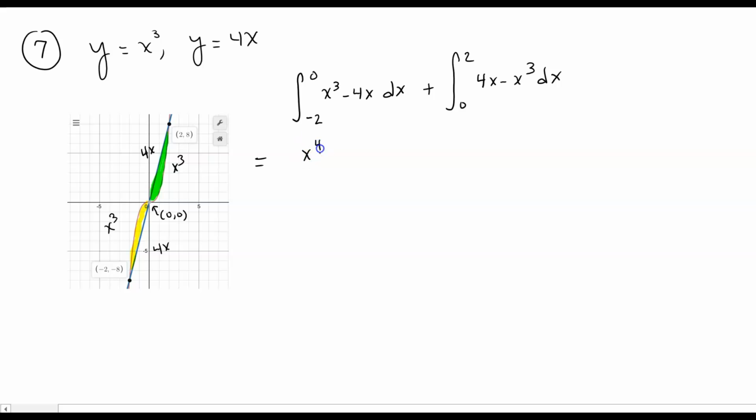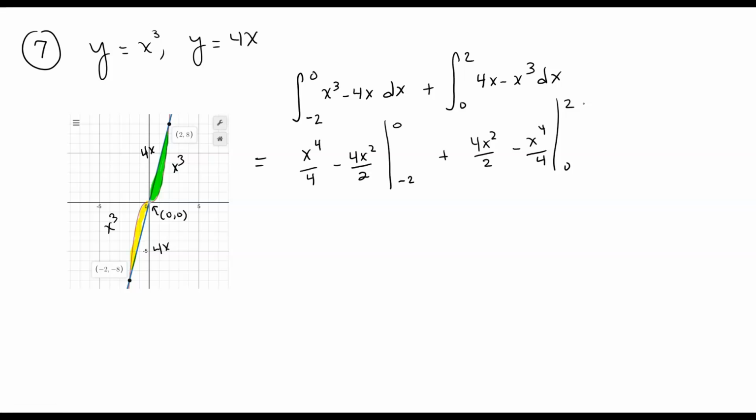We say first x to the fourth over 4 minus 4x squared over 2, evaluated in this case from negative 2 to 0. And then in the second, we're going to have 4x squared over 2 minus x to the fourth over 4, evaluated in this case from 0 to 2. So it's always nice to have those zeros in place because a lot of the times it just makes everything 0.